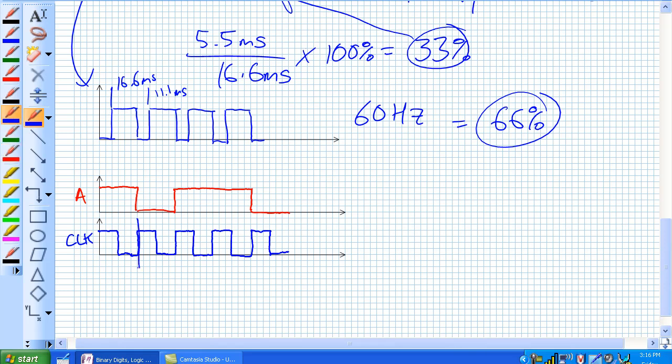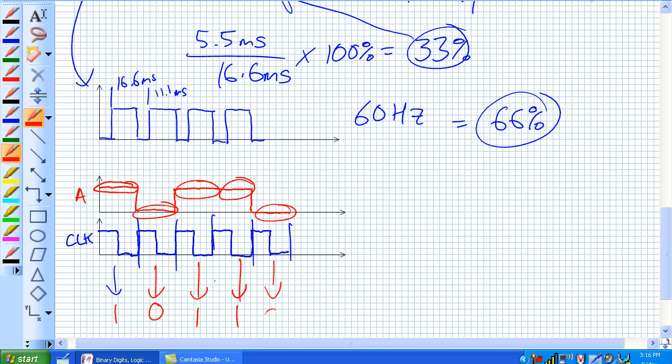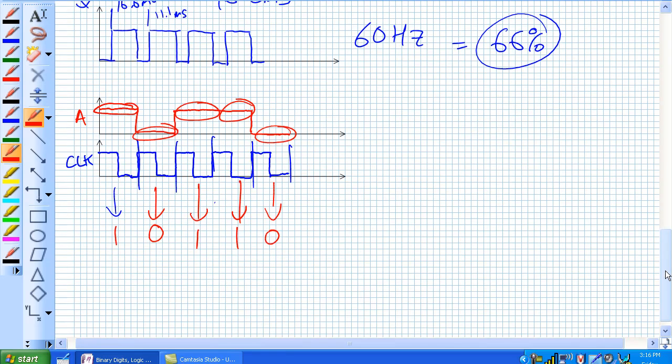Well, just break it up in intervals for the clock. And what does A read during that particular period? Well, A reads a 1 because it's high. This cycle here, A reads a 0, a 1. The next bit time is also a 1, and that's a 0.